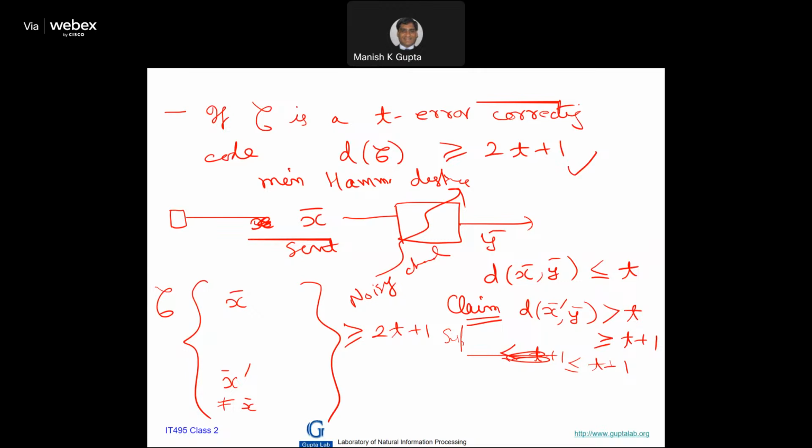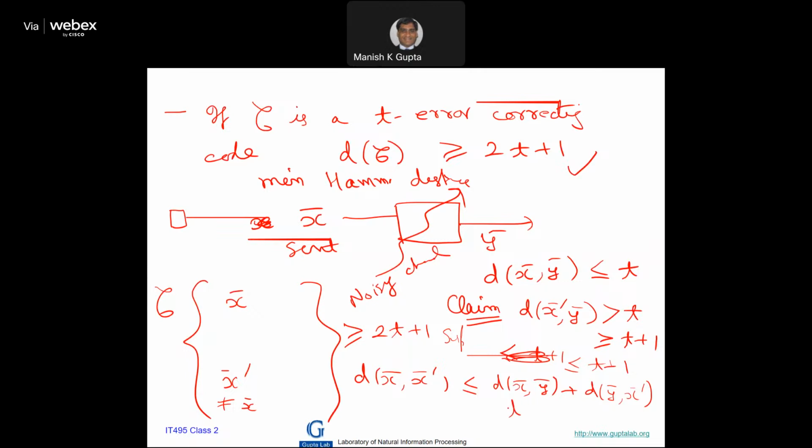So I am assuming that the distance between X prime and Y, in other words, I am saying the received vector Y has distance less than or equal to T plus 1 from all other vectors in C other than X. Now, what will be the distance between X and X prime? I can compute that, right? This will be less than or equal to distance between X comma Y plus distance between Y comma X prime. A triangle inequality of the distance.